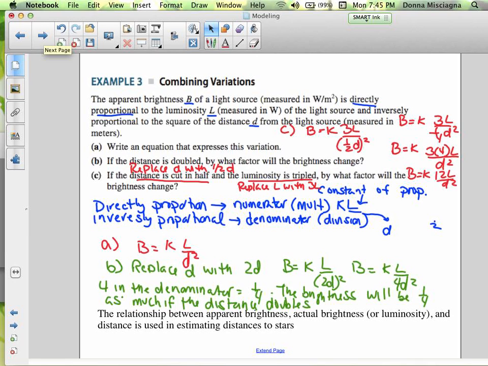Now, what does that mean? It means that the brightness will be 12 times as much. I guess we'll put it over here.